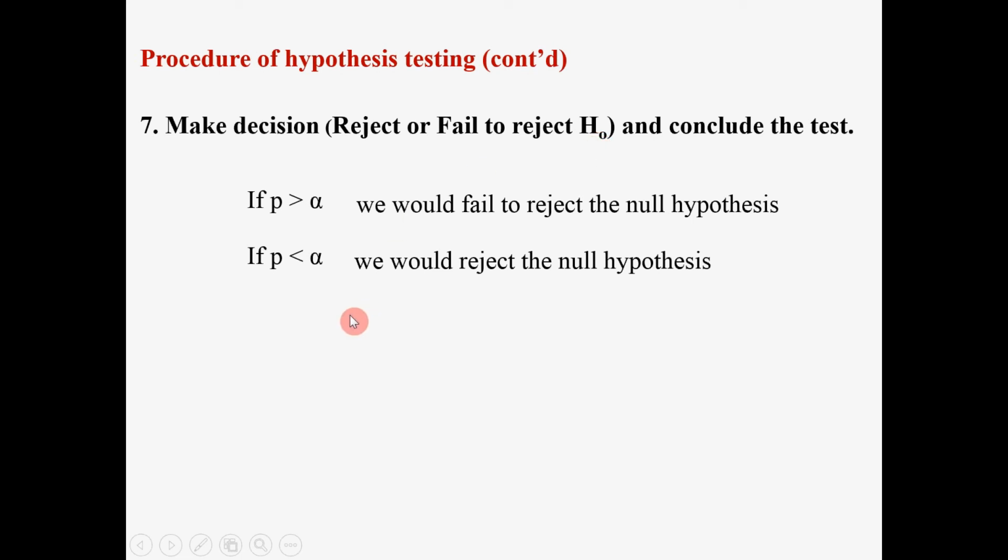The criteria are if the p-value is larger than alpha, we would fail to reject the null hypothesis. On the other hand, if the p-value is smaller than alpha, we would reject the null hypothesis. So we're going to see how these criteria actually play out in actual in-class activity.